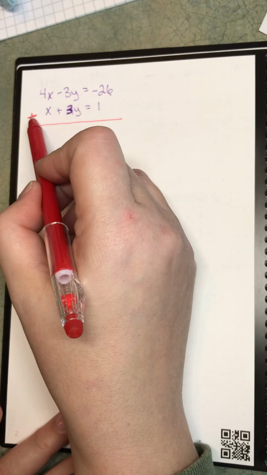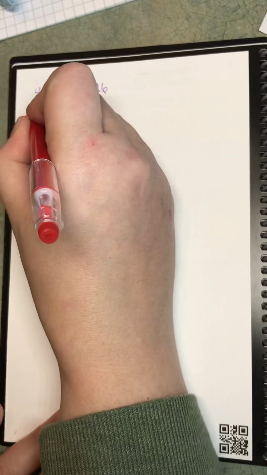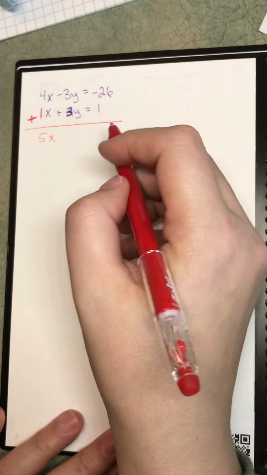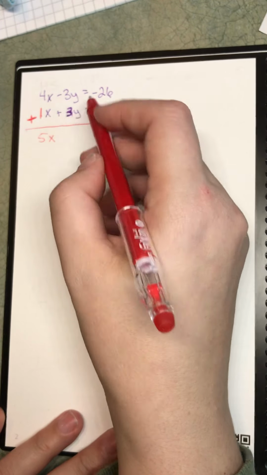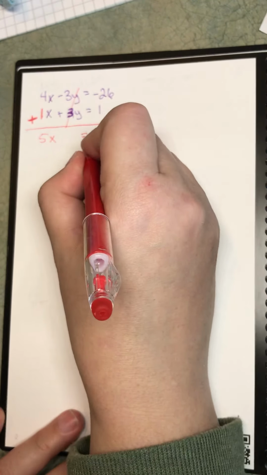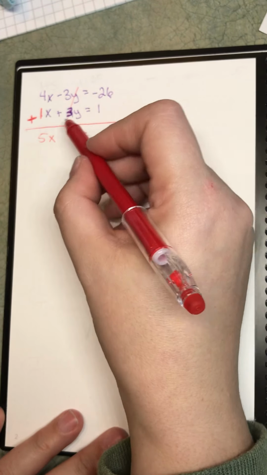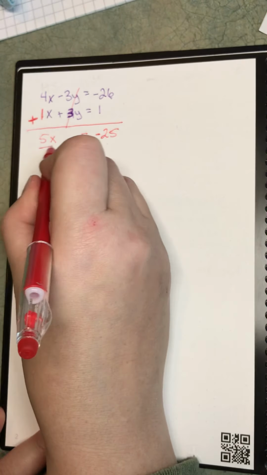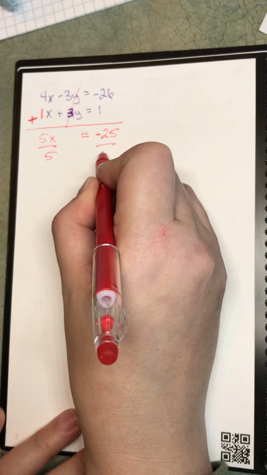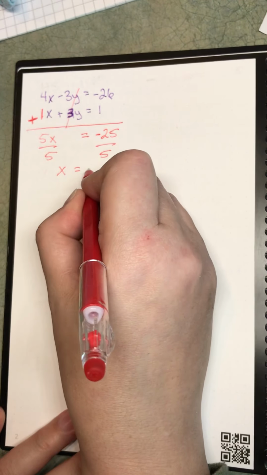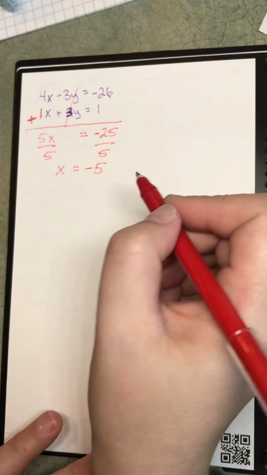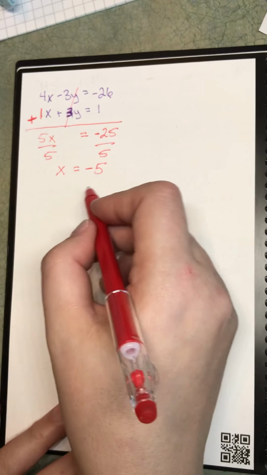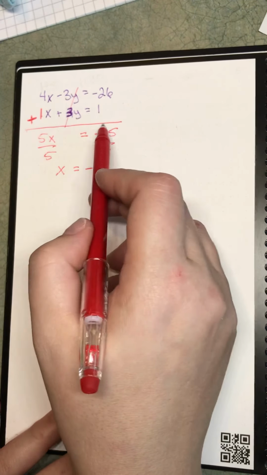So 4x plus another x, remember this is just an x or 1x, is 5x, and negative 3y plus 3y is 0, equals negative 26 plus 1 is negative 25, and then I can divide by 5 and I get x equals negative 5. Okay, so now I'm going to substitute that into either of my original equations.